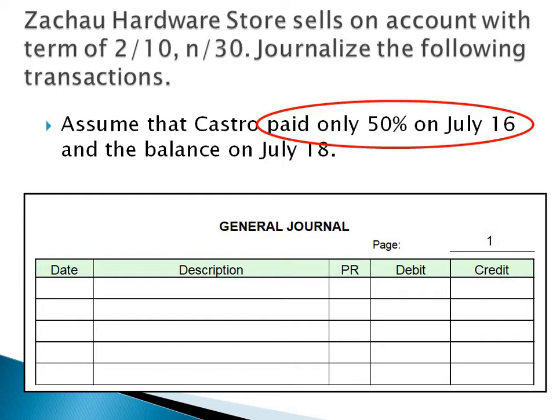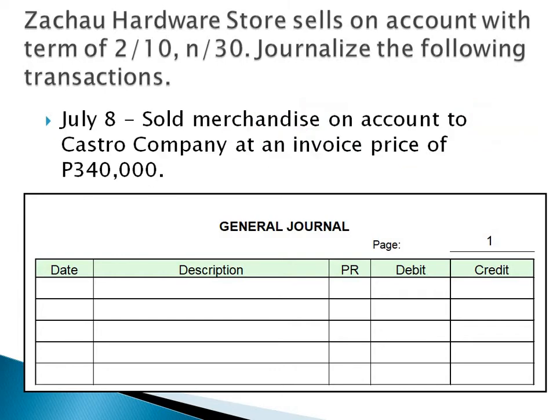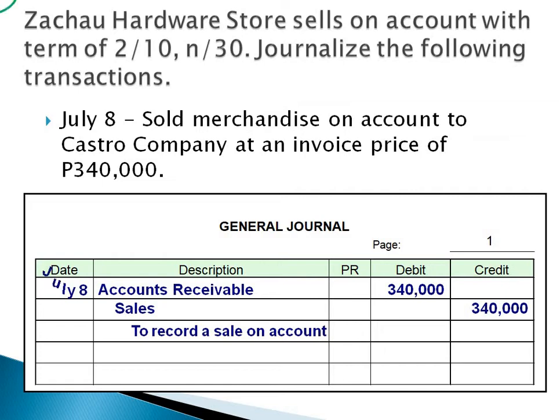How much again was the accounts receivable of Sakaw from Castro company before this payment on July 16? 320,000. Because prior to July 16, Sakaw had two transactions with Castro company. The first one was on July 8, where we debited accounts receivable in the amount of 340,000.